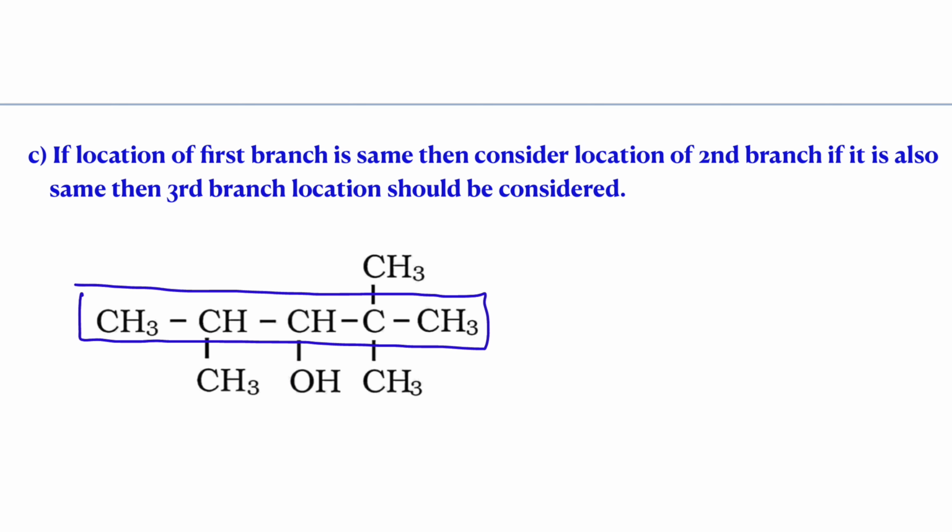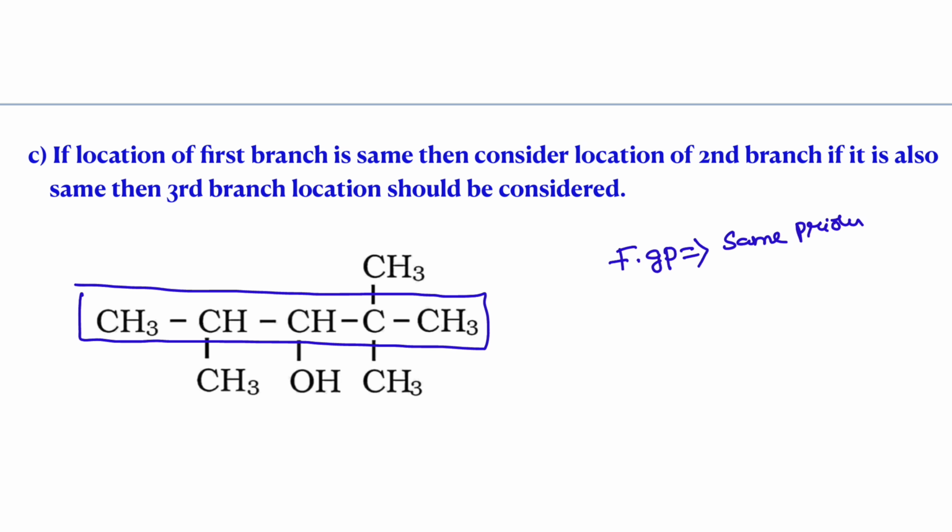So you give numbering from the left side 1, 2, 3. The functional group is receiving third priority. 1, 2, 3. So that means from either side, the functional group is getting the same priority. So that is the third priority.